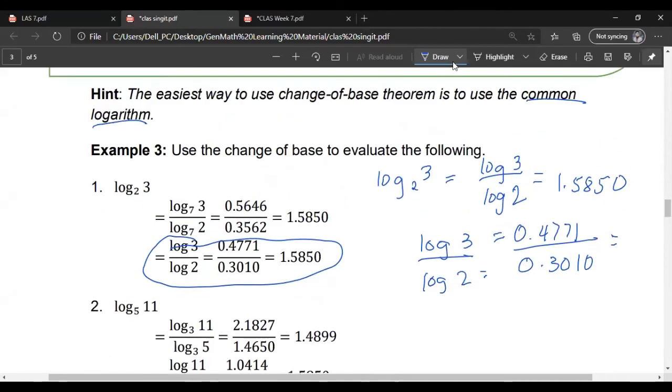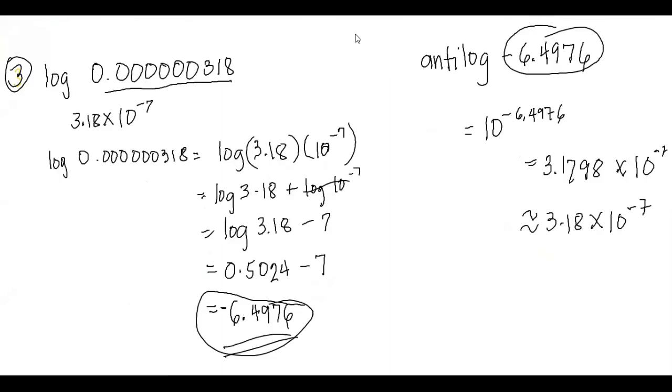Sige, bigyan ko na ibang example. Ngayon class wag na kayo magamit ng ibang base. Base of 10 na lang tayo lagi kapag change of base. Okay? Halimbawa, meron akong logarithm of 17 to the base 12. So anong value niyan kapag change of base?